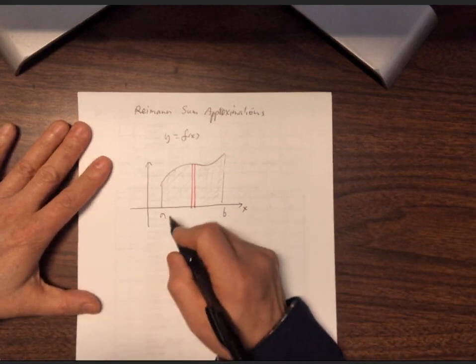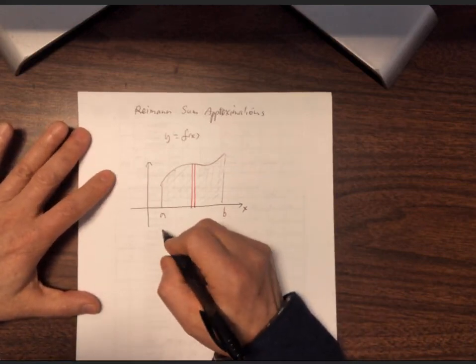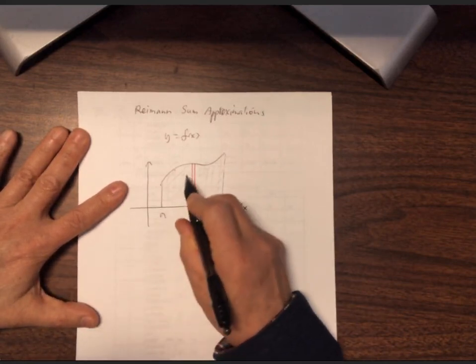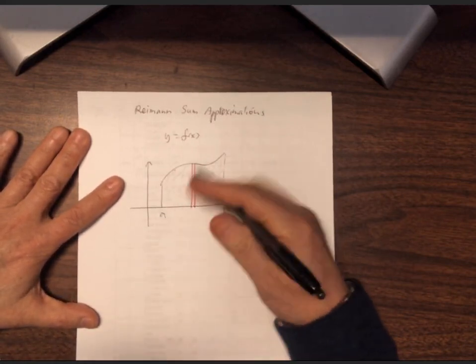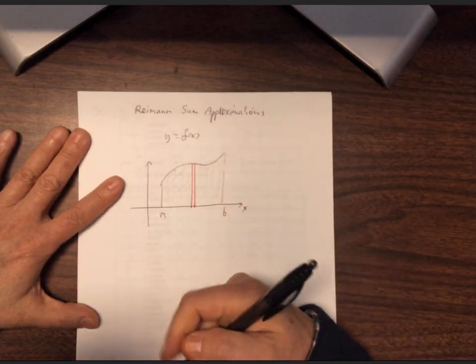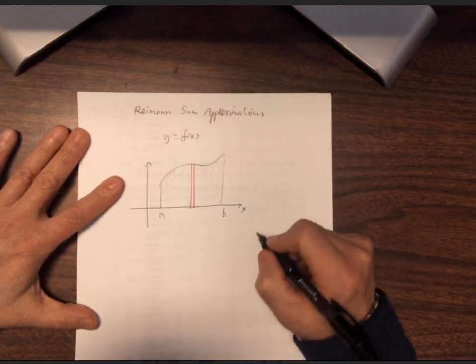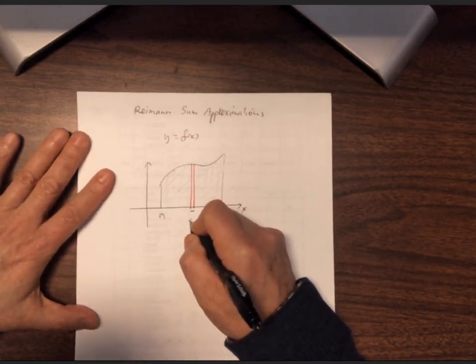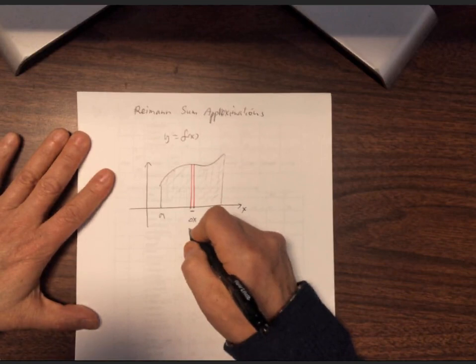Usually what we do for practical reason is to slice the region or interval evenly into n parts. Say this is one part with width called delta x. Sometimes we use a dx.